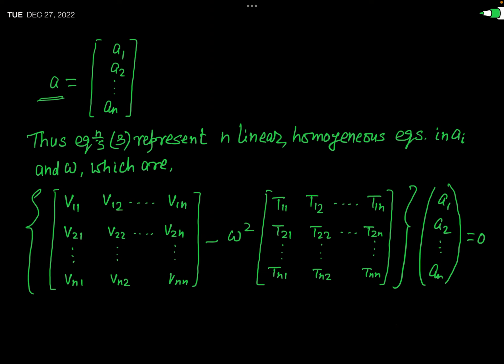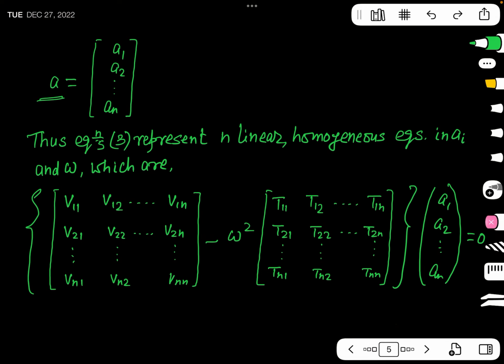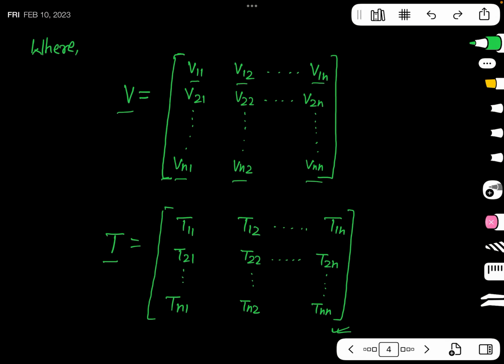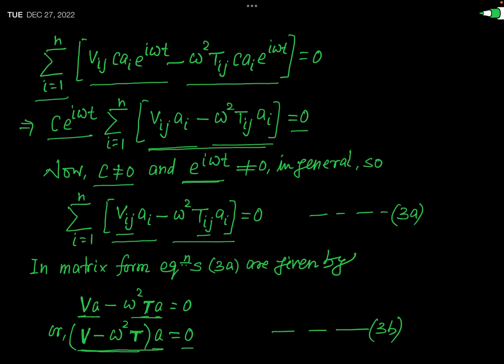So when we substitute these matrices in this equation which we have obtained, which is actually called the secular equation, V minus omega square T times A equals 0, let us substitute the matrices associated with V, T and A in this equation 3b.